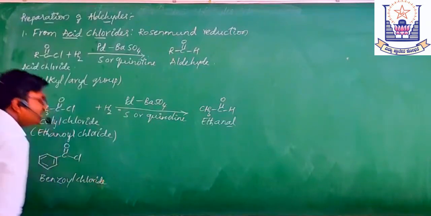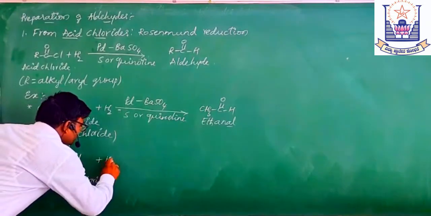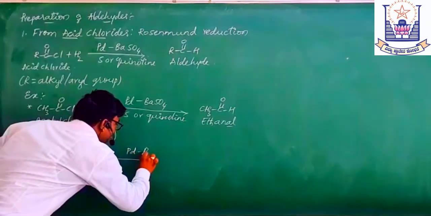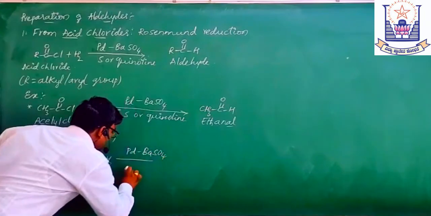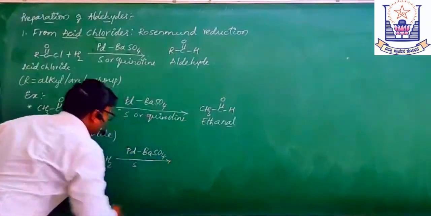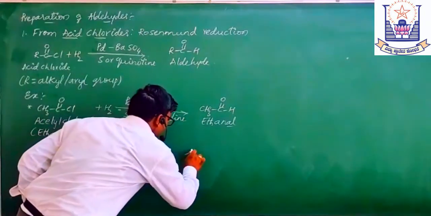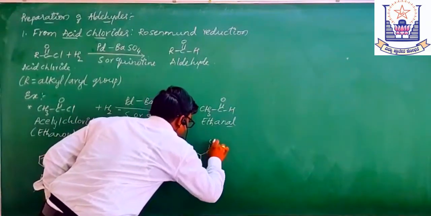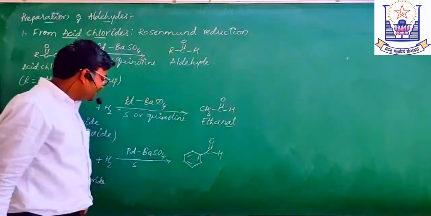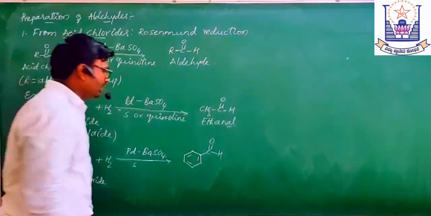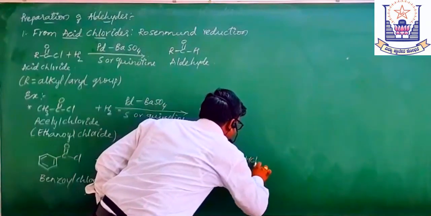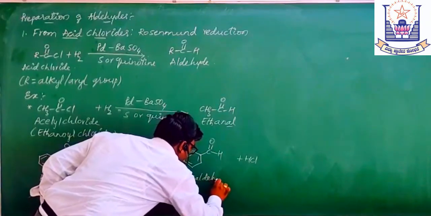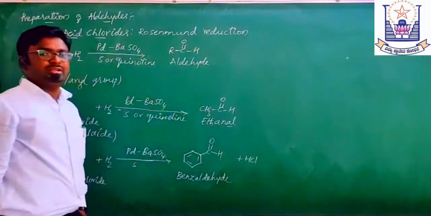When benzoyl chloride is treated with hydrogen in the presence of Lindlar's catalyst, in the presence of sulfur, you will get benzaldehyde. Obviously, the byproduct will be HCl.